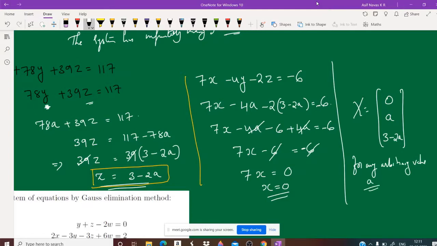Why is it called infinitely many solutions? Because a is an arbitrary element, it can be changed or altered. If you give any value for a, if a equal to 0, 1, 2, 1 by 2, any value, then (0, a, 3 minus 2a) must be a solution. That means there are infinitely many solutions.